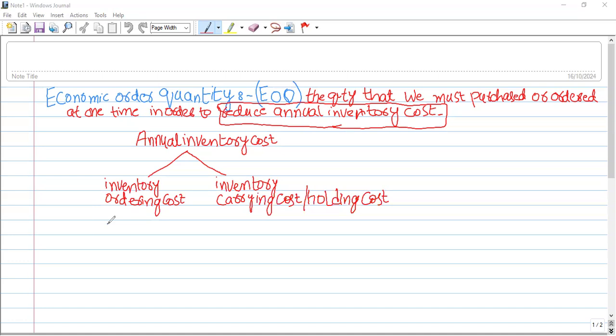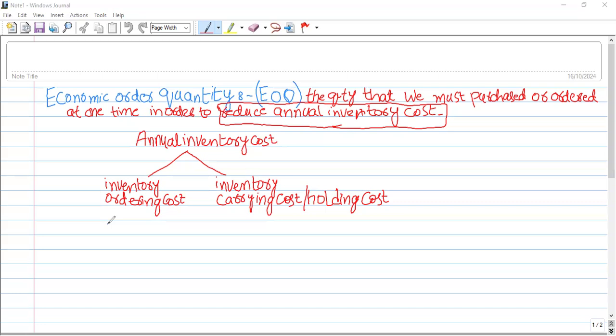Now we come to the ordering cost. Ordering cost, as is clear from its name, is a cost incurred from the placement to the receipt of order.